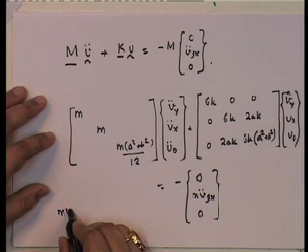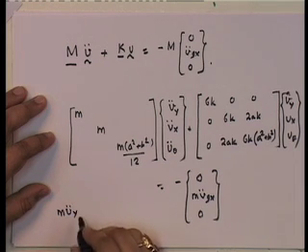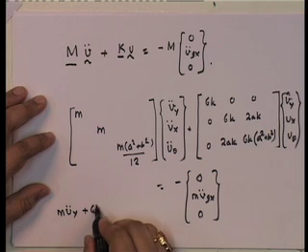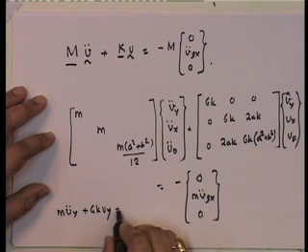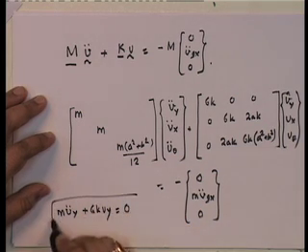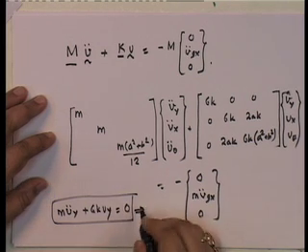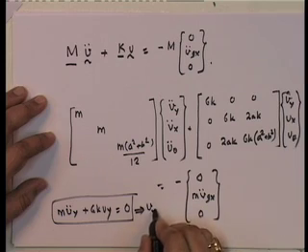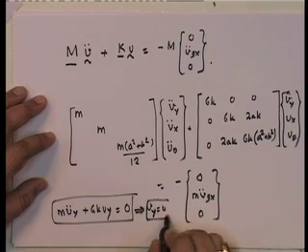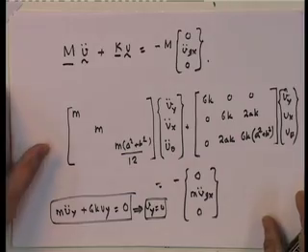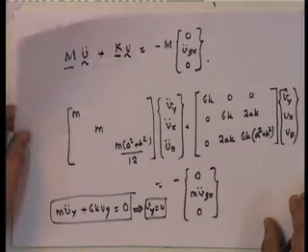M V double dot plus 6k Vy is equal to 0. This implies Vy is equal to 0, and we do not even need to consider that. So this 3 degree of freedom problem for this kind of loading becomes the following.